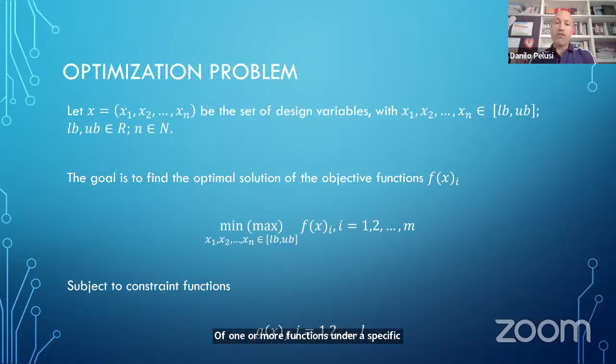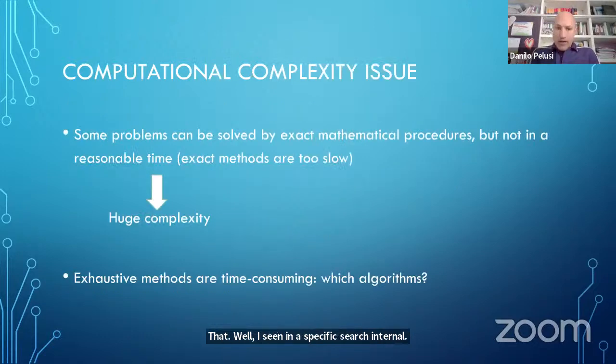In particular, f of x is the objective function, and x1, x2, xn are the solutions that lie in a specific search interval. Well, there are problems with some computational problems.